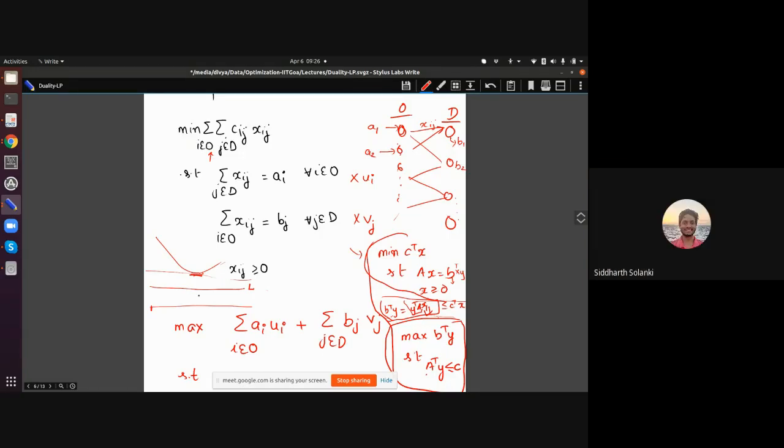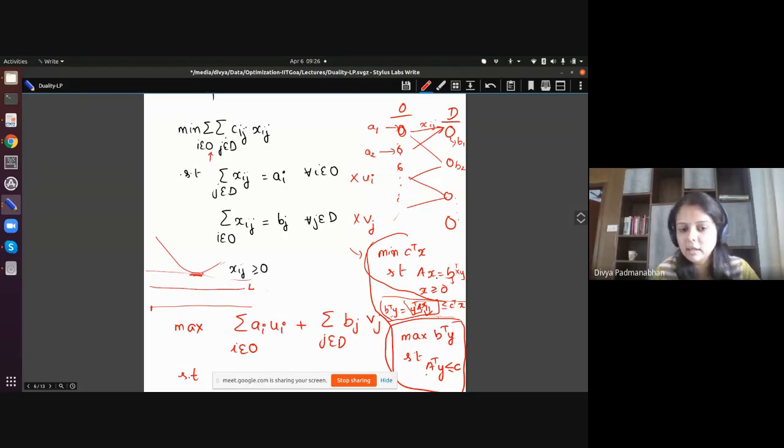Yes, ma'am, that's clear. So that's the whole objective: find the best lower bound you can get. That's the reason why you want this relation. You just want a lower bound, so b transpose y is the lower bound that we are proposing, and you want that to be less than c transpose x. But you can't just take any y. You have to have some constraints.